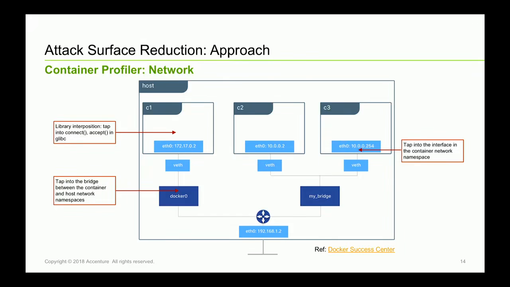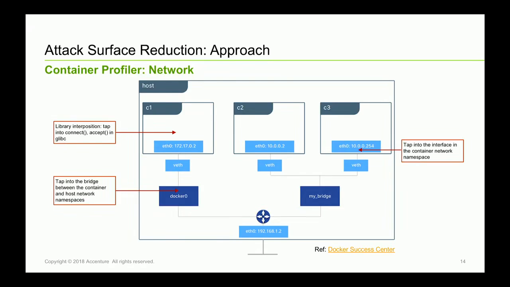And for networking activity, we can tap into the connect, accept, or bind networking related functions to see the networking activities. We can also tap into the networking interface eth0 or eth1 directly inside the container or inside the container network namespace. And we can actually run tools like tcpdump directly in the specific network space.